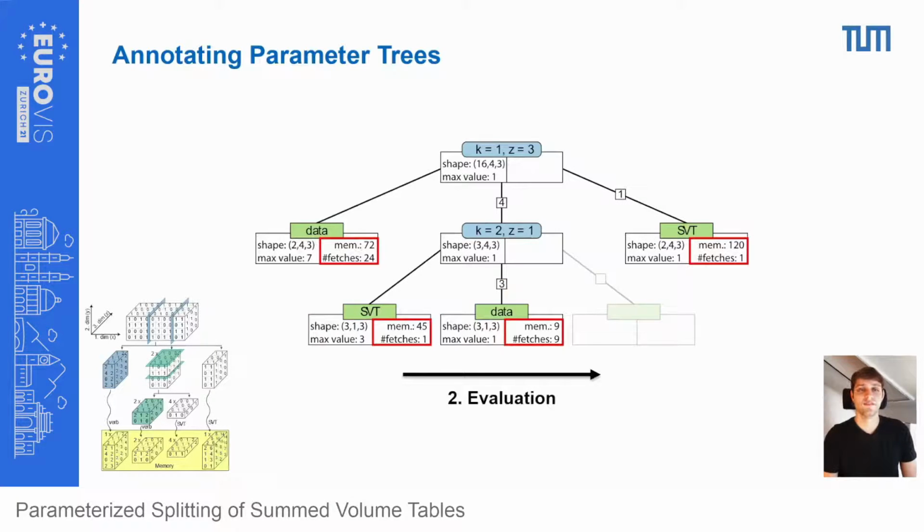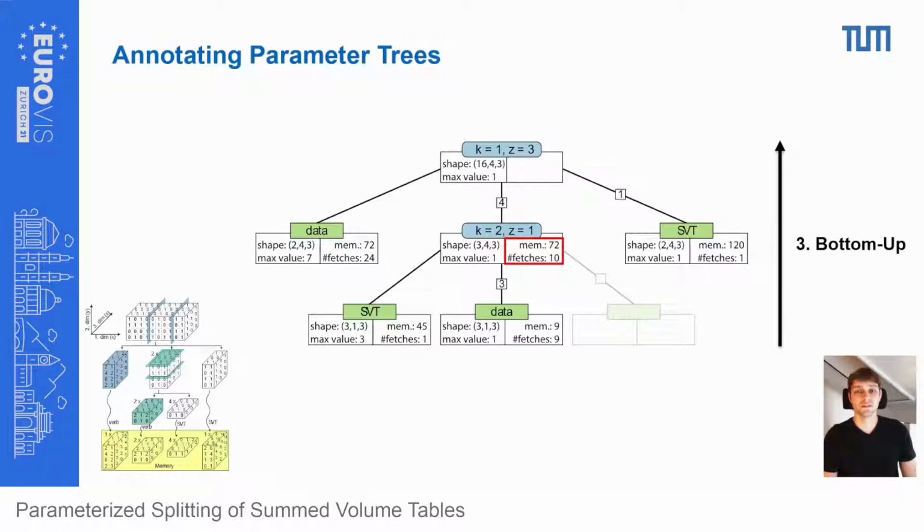Then next, in the evaluation phase, the information at the leaf nodes is used to compute a memory consumption as well as an upper bound for the number of fetches when querying a prefix sum from a leaf block. In the bottom-up phase, we propagate this information back into the root node. Memory consumption is obtained by adding up the memory requirements of all subtrees.